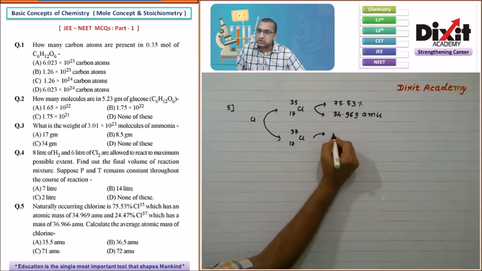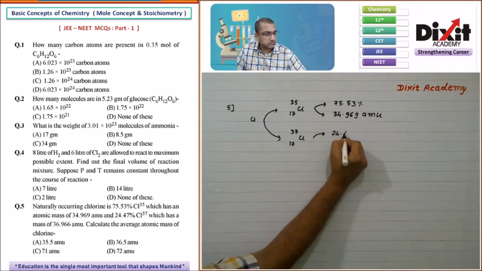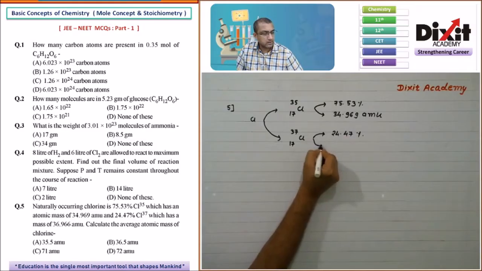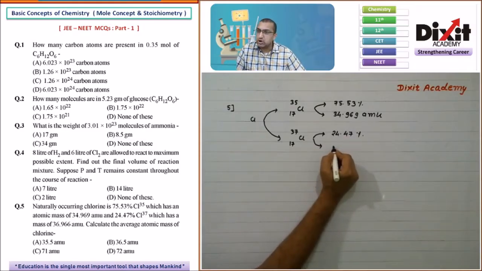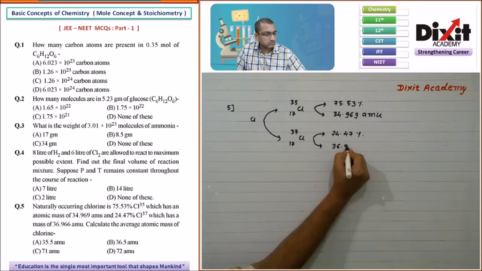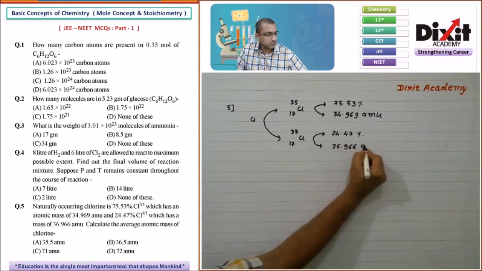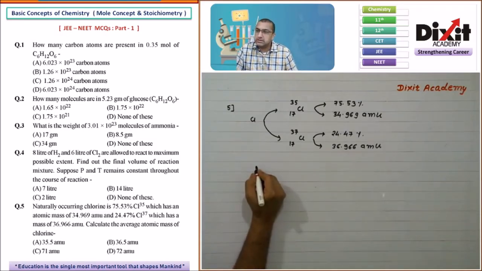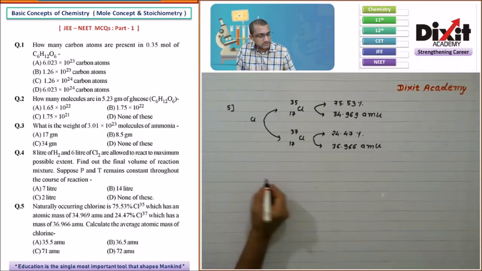The second isotope, isotopic abundance is 24.47%. It has isotopic mass 36.966 AMU. And we are going to calculate the average atomic mass.